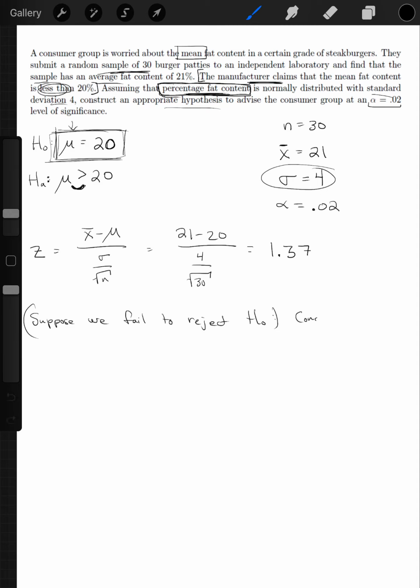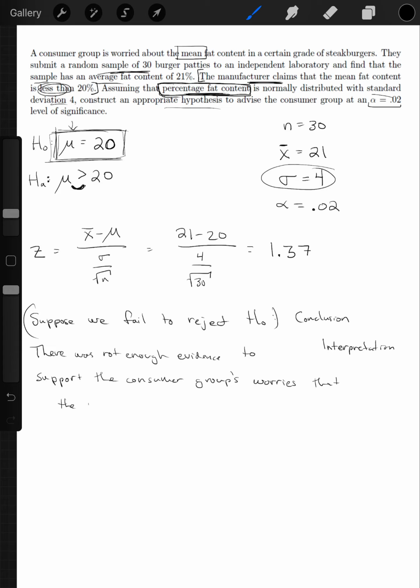So our interpretation is that there was not enough evidence to support the consumer group's worries that the average fat content was not less than or equal to 20%.